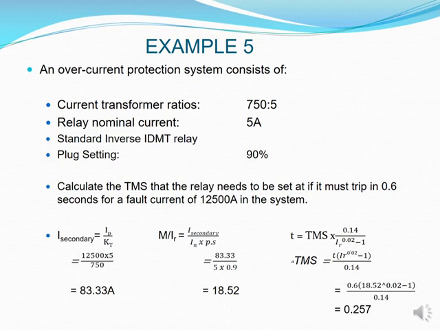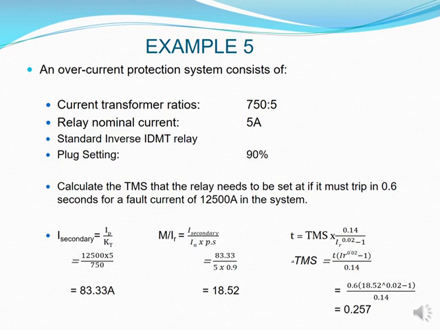If you know you're going to forget it, you can always go the long way: I secondary first, and then calculate IR afterwards. After that, you can go to the formula for our standard relay, and say TMS is equal to 0.14 over your IR to the 0.02 minus 1. That helps you calculate your TMS value.